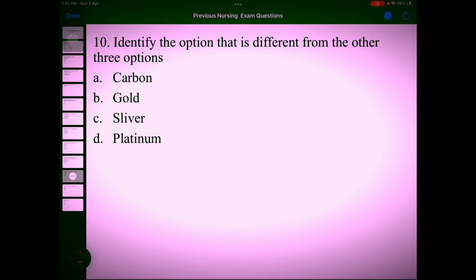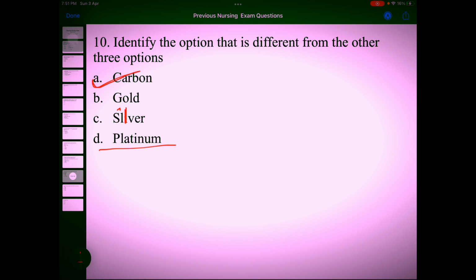Question number 10. Identify the option that is different from the other 3 options. Option A, carbon. Option B, gold. Option C, silver. Option D, platinum. So the option which is different from all of these is carbon.